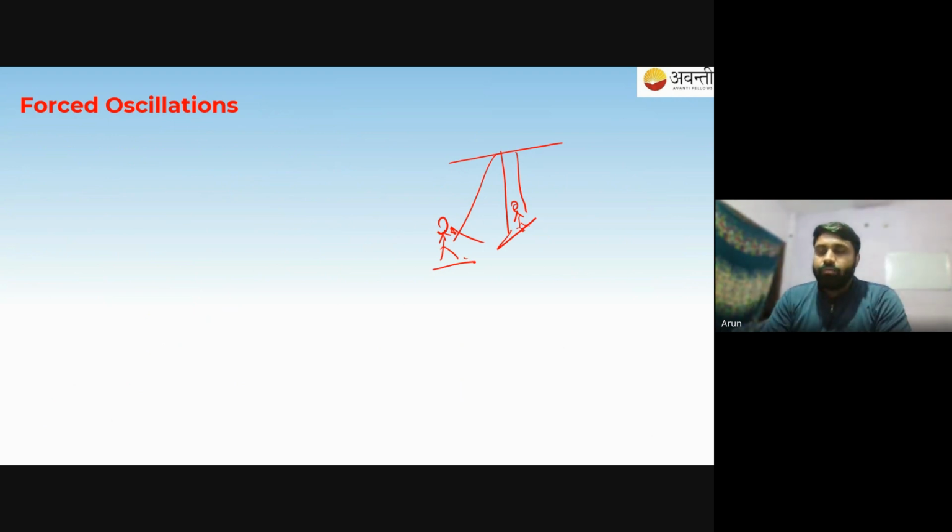Pull and push, they will do periodically. Why are they doing so? Because due to air resistance, the damping will cause a decrement in the angular displacement of the oscillation. So to get the same amplitude back, we must apply a periodic force. That is why we apply this external force to push the swing.